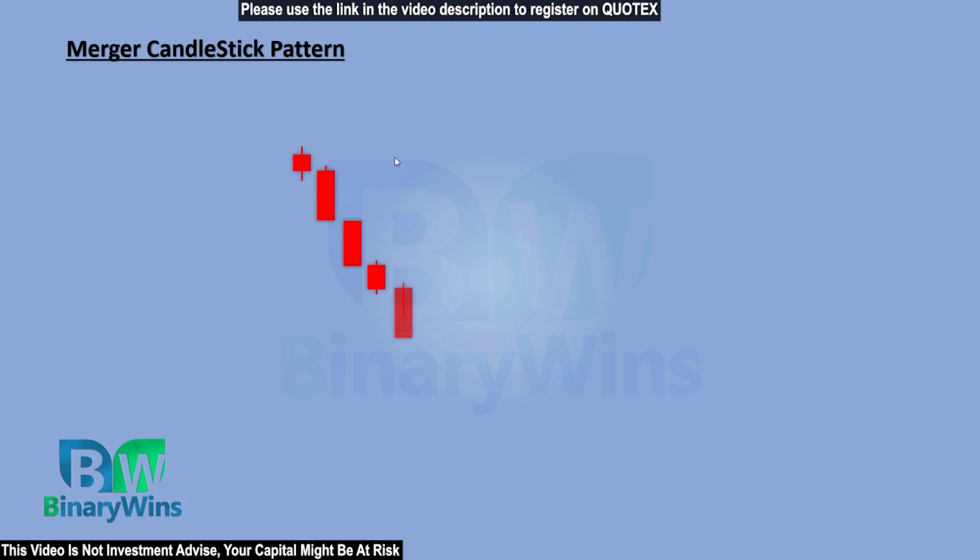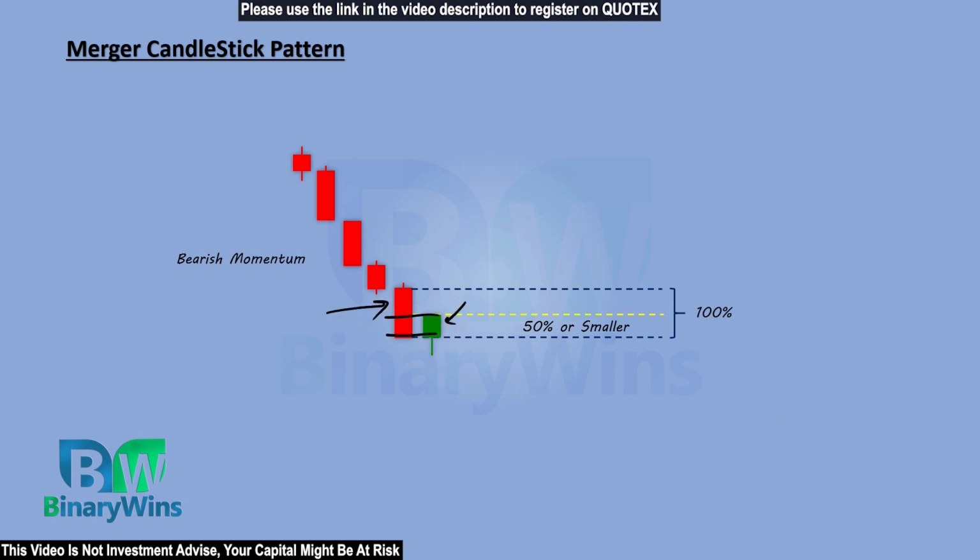consider a downward momentum trend, a bearish momentum, after which a green candlestick is formed at the end of the trend. Again, like the previous slide, our green candle body is smaller or half of the previous candlestick body. As you can see, the dimensions of our candle body are smaller than the previous candle.